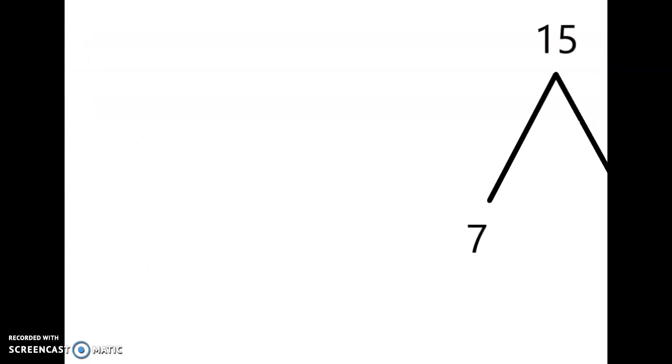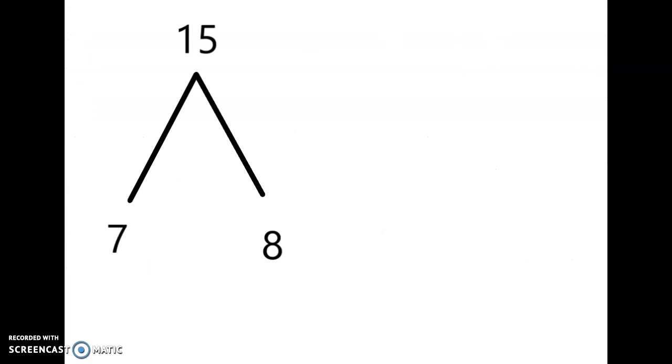Also in this one, you're going to be drawing math mountains again, so I thought I would review with one that you know very well. Now I'm only going to draw 2 equations, but you know that you can draw a lot more. So I'm going to do 7 plus 8 equals 15. We know that this is correct.